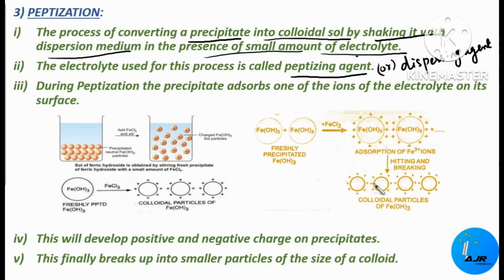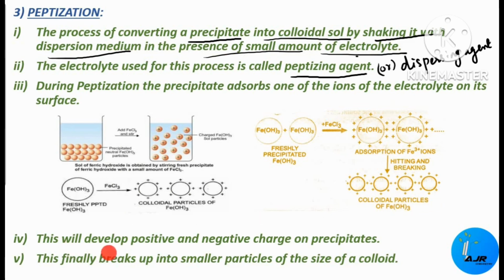So this is what is happening in peptization. This is a freshly prepared precipitate of Fe(OH)3. We are adding an electrolyte, otherwise called the peptizing agent or dispersing agent. Any one ion from the peptizing agent will be getting absorbed on the freshly prepared precipitate molecules, and then finally it breaks up and forms the colloidal particles.